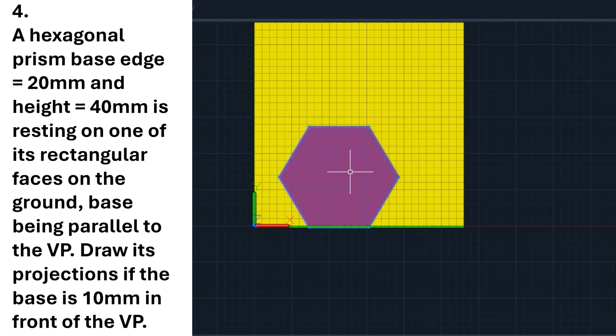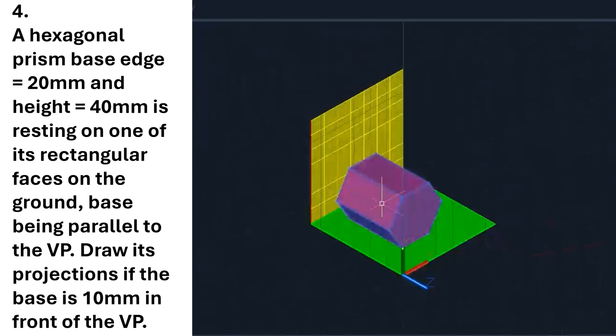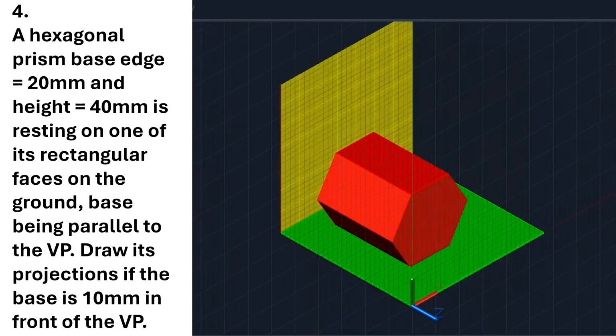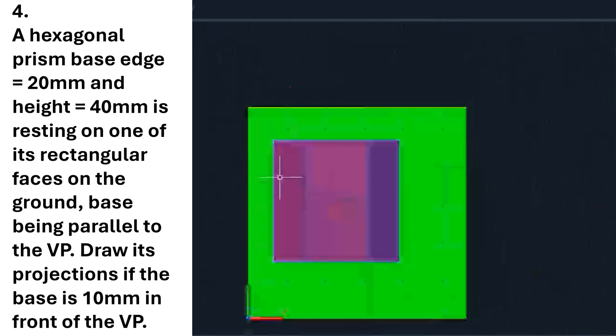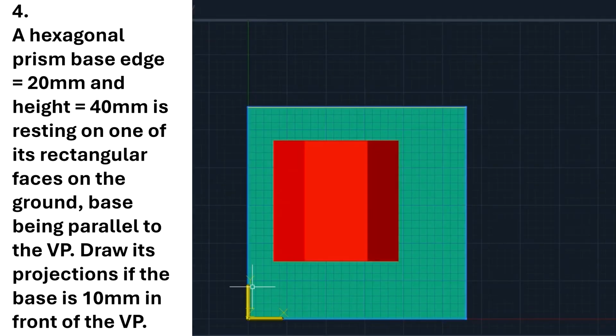Then you draw the projections to the top view. If you go back to the isometric view, it will look like this. Then in the top view, this is the bottom base and this is the top base.